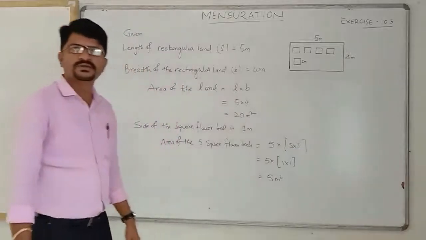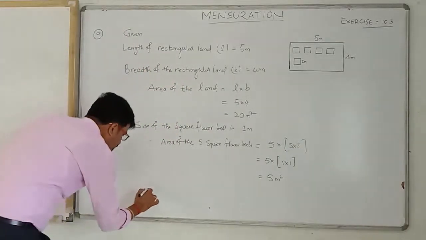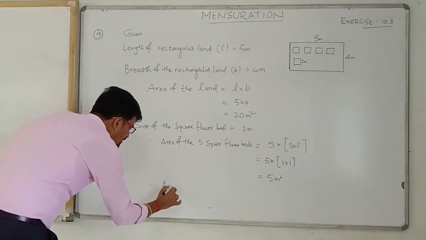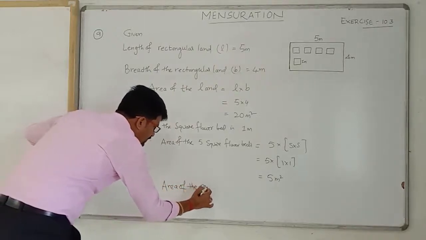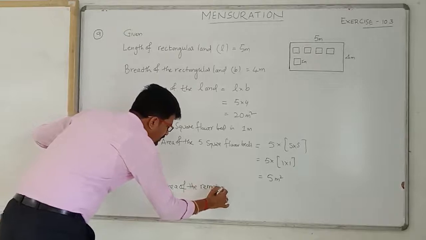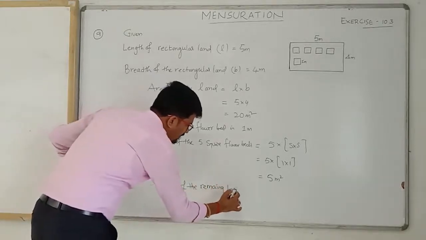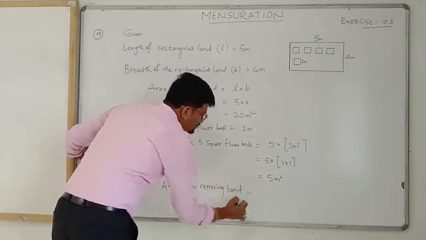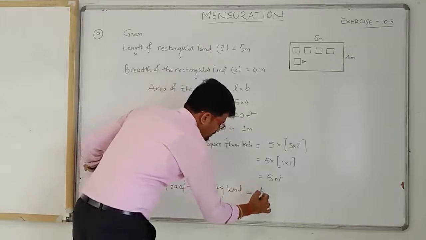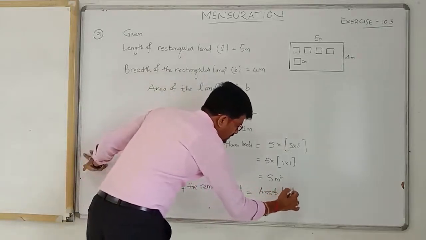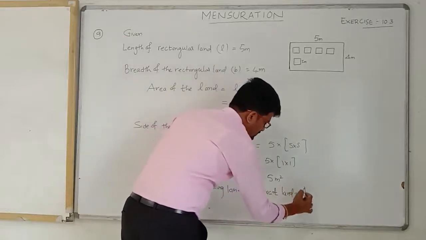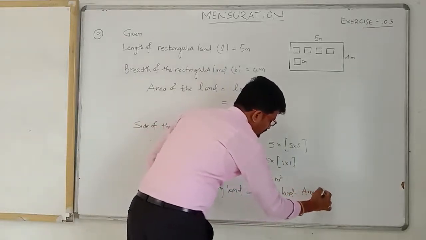Am I right? Now, therefore, the area of the remaining land is equal to the area of land minus the area of flower beds.